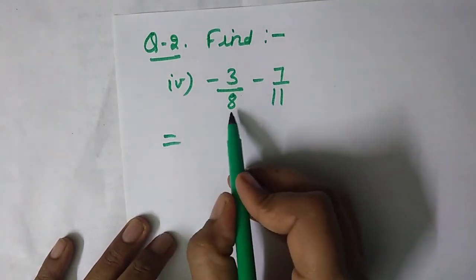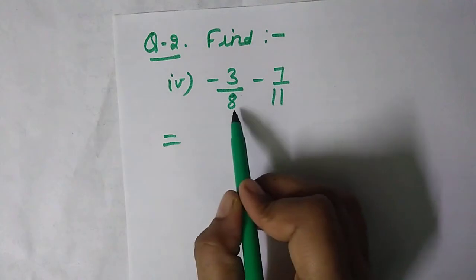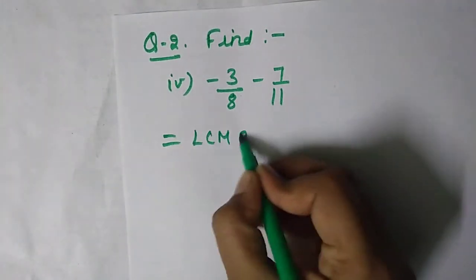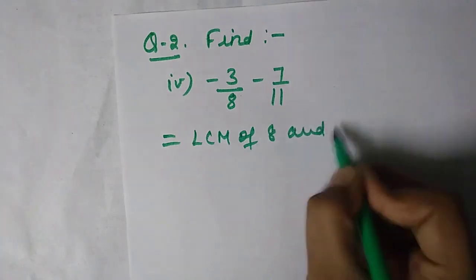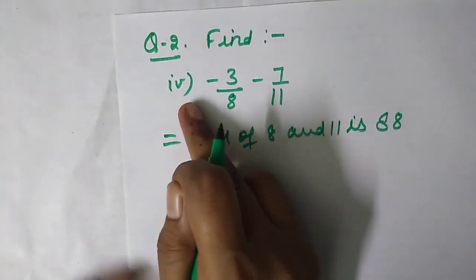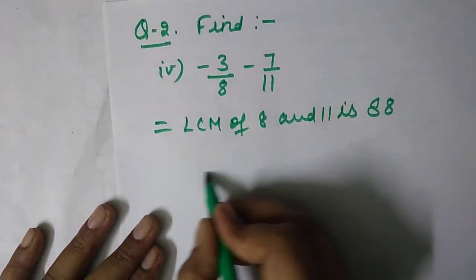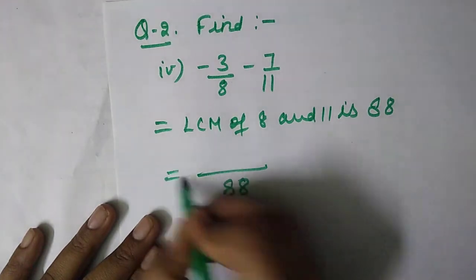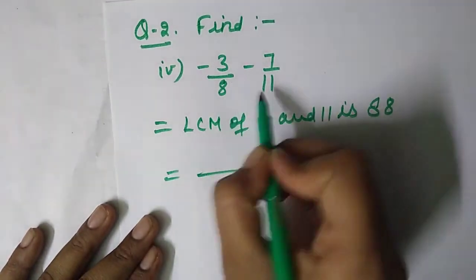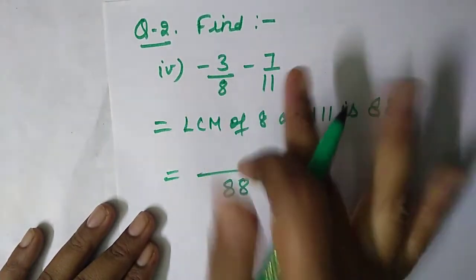Okay, now we need to solve it. For subtraction of these rational numbers, we need to take the LCM of the denominators. So LCM of 8 and 11 is 88, and I am taking the fourth part of question number 2. LCM of 8 and 11 is 88. Now with this LCM you have to divide the denominator of each fraction, and whatever comes should be multiplied with the numerator of each fraction.